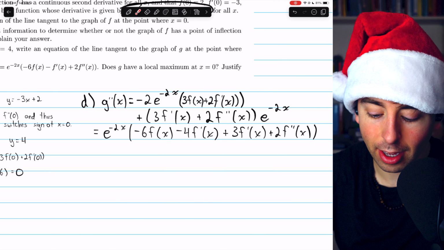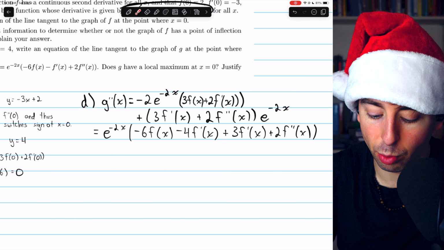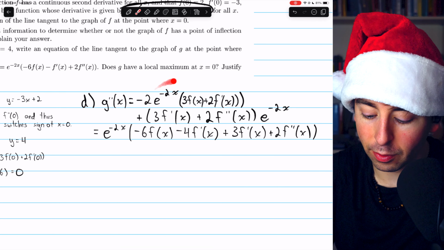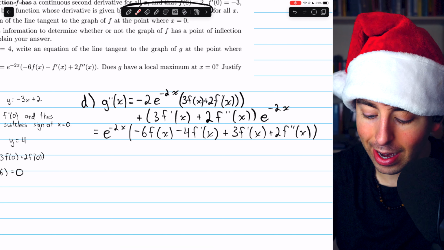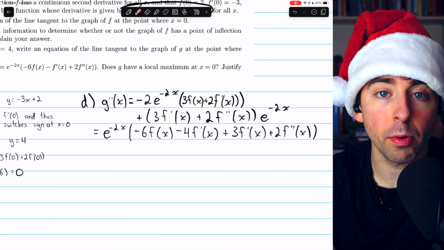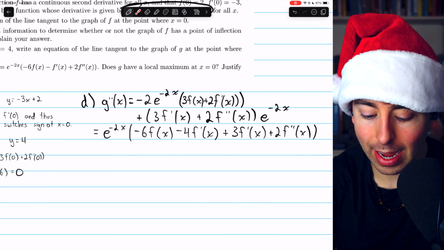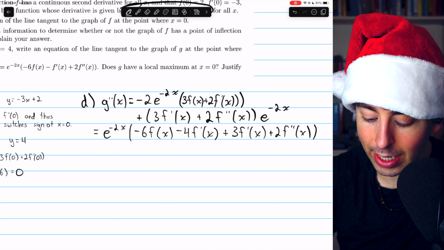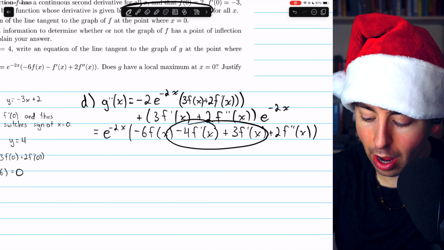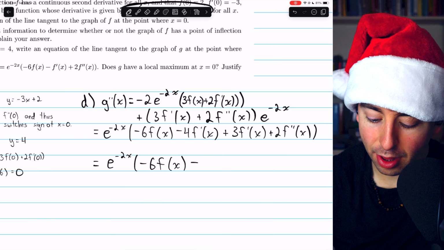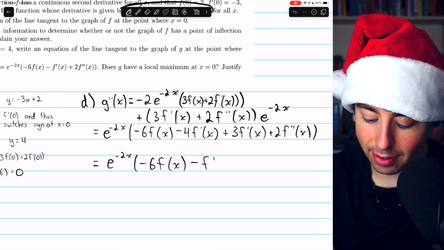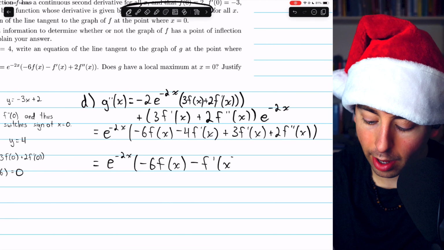Here in parentheses, we have negative 2 times 3f of x, and negative 2 times 2f prime of x, and we have 3f prime of x, and we have 2f double prime of x. So now let's just go ahead and combine like terms. We can combine these f primes, and it looks like that's it. Negative 4f prime of x plus 3f prime of x is negative 1 f prime of x.